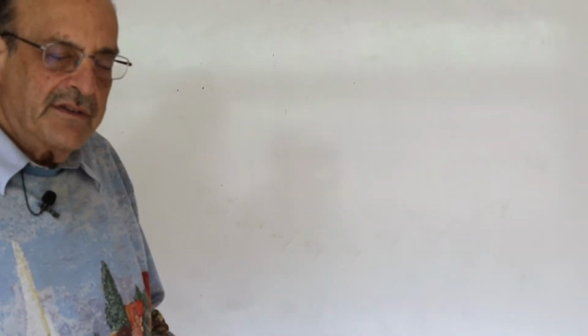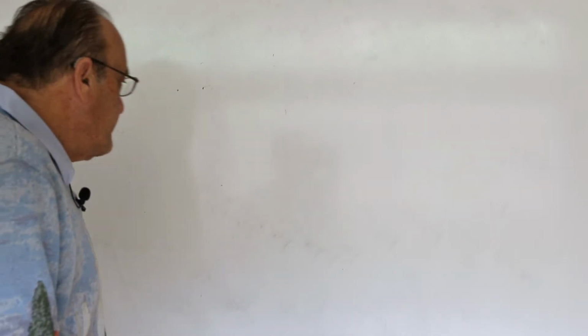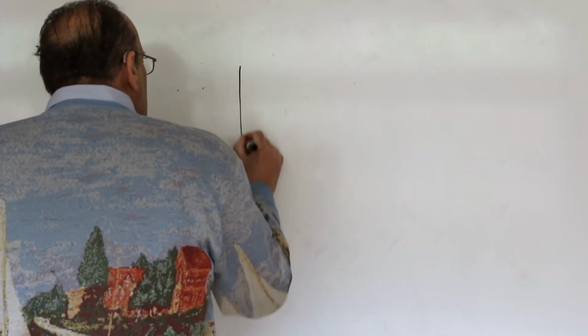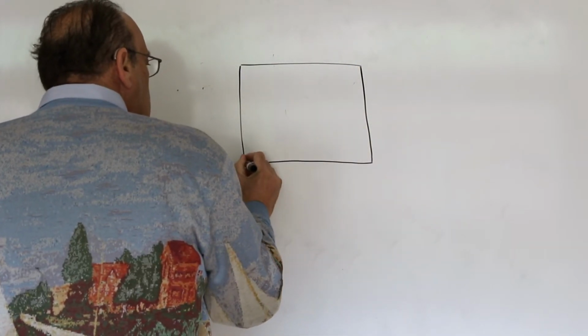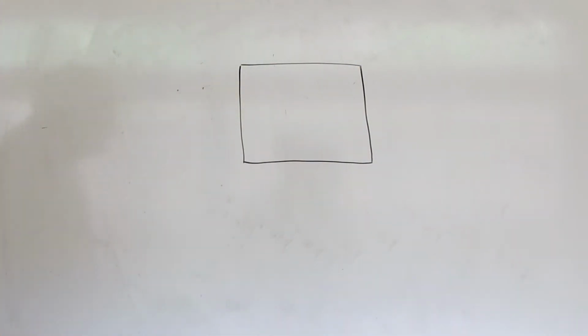Okay, so next we're going to use the harmonic mean, or actually an extended version of the harmonic mean, to exploit a formula that I used in the first version of the harmonic mean. And you'll see how easy this makes the problem. So suppose this is the unit square.